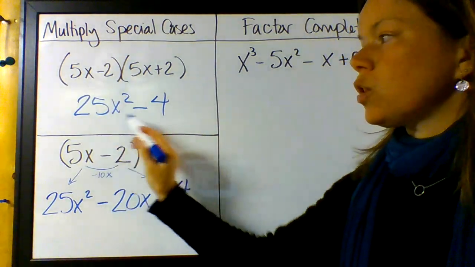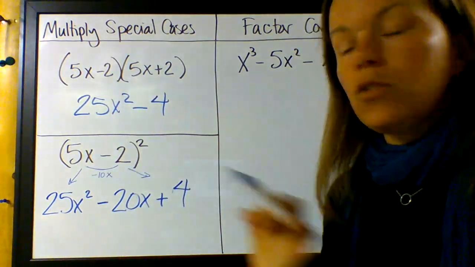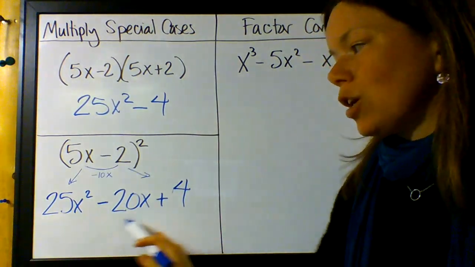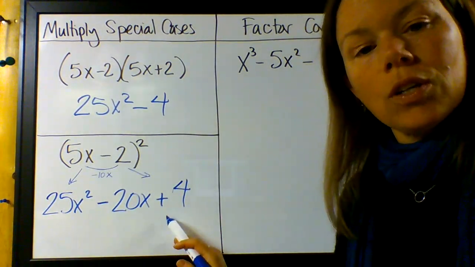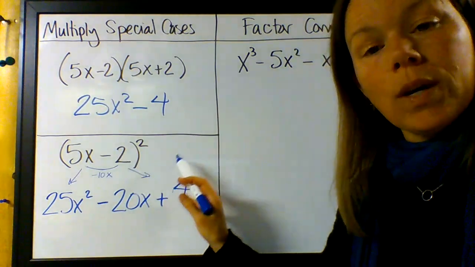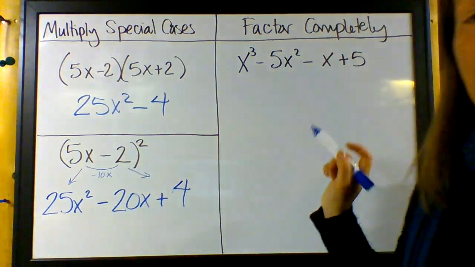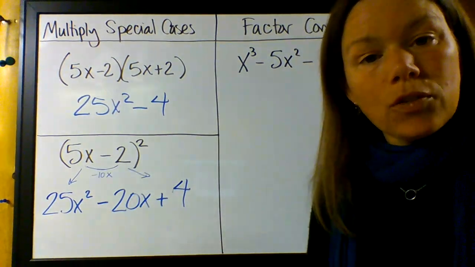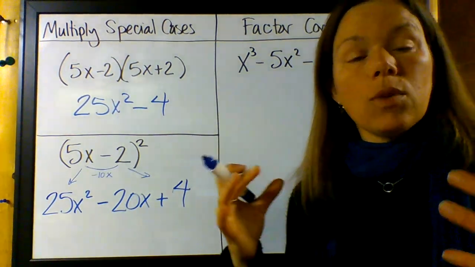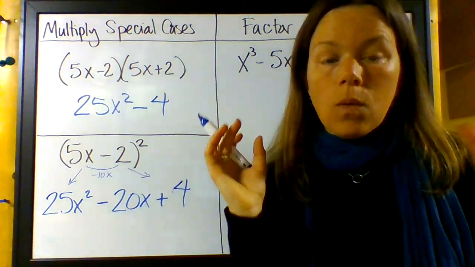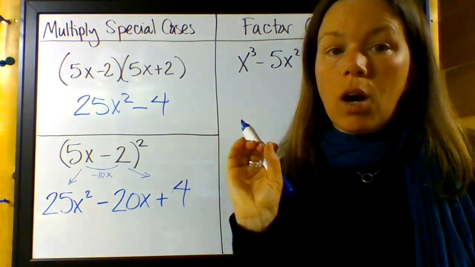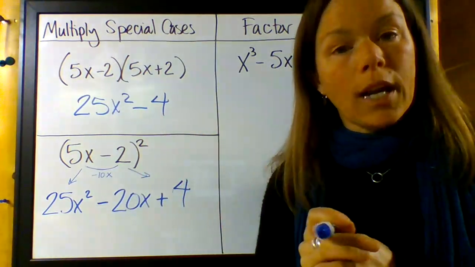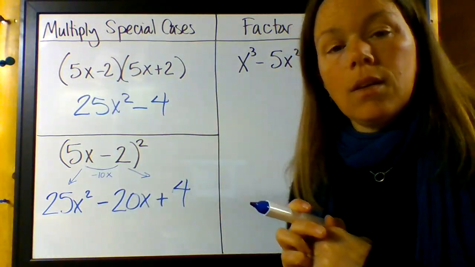If you see two terms, you could check to see if it's a difference of two squares. If you see three terms, you could check to see if it's a perfect trinomial square. And then that would be quick and easy factoring. If I have three terms and it's not a perfect trinomial square, then remember, if the first or last term is prime, you could put those in place and work out the other ones, right?